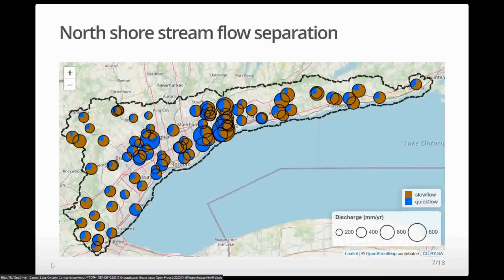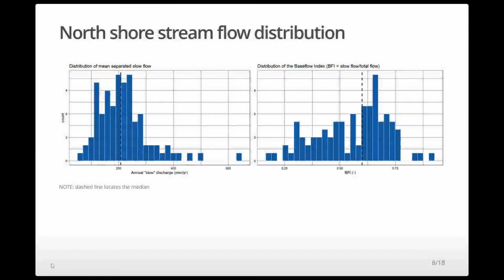I mean, that's intuitive. What we're also seeing is that the proportion of quick flow tends to increase in urbanized areas, which is also expected. But what's interesting is that the proportion of quick flow that increases also matches that total flow. And so that slow flow portion, in terms of sheer quantity, tends to be rather similar across the board.